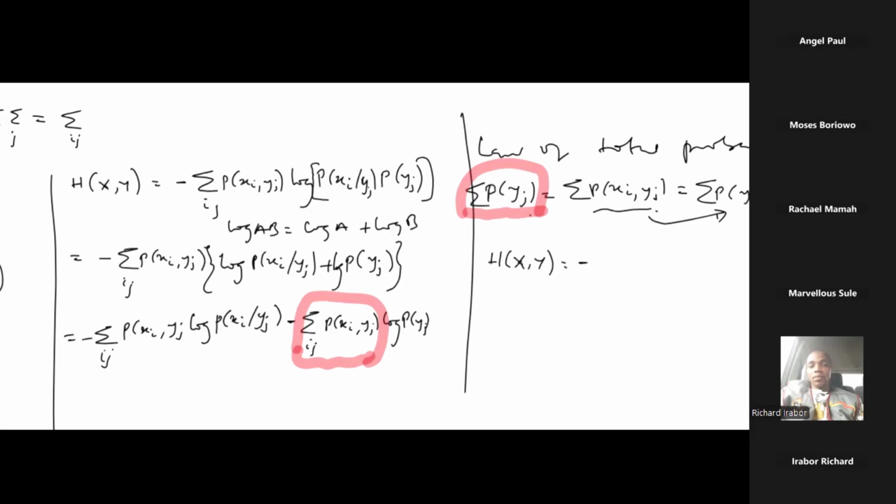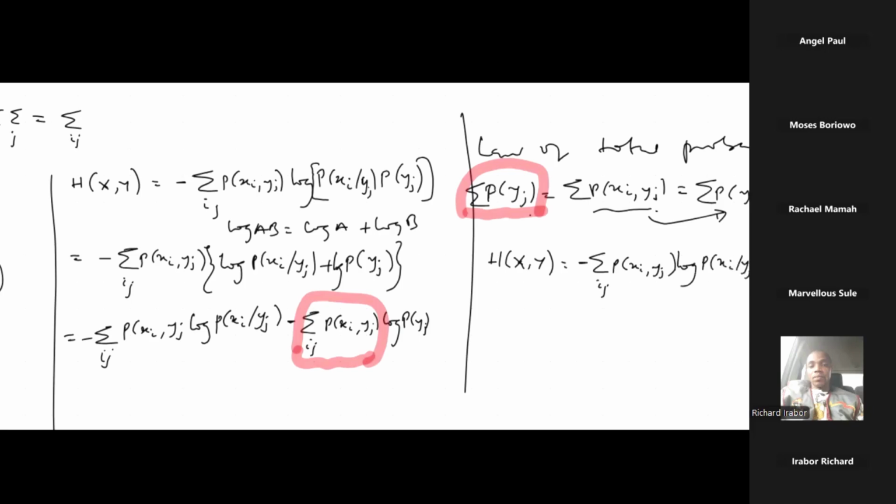So negative sigma ij P of Si Yj log P of Si given Yj, minus sigma.